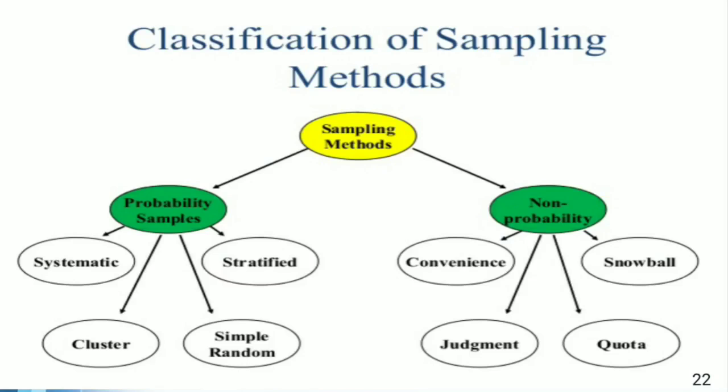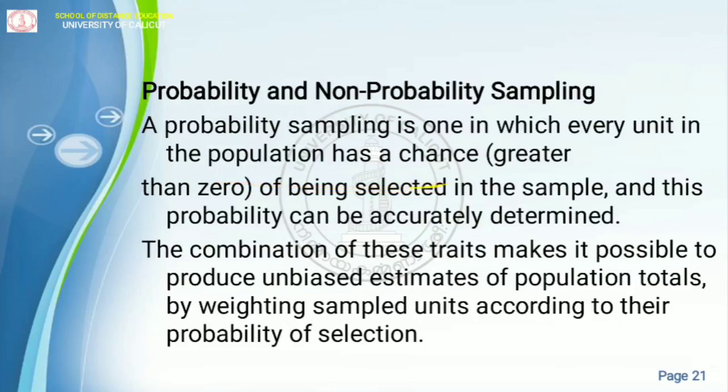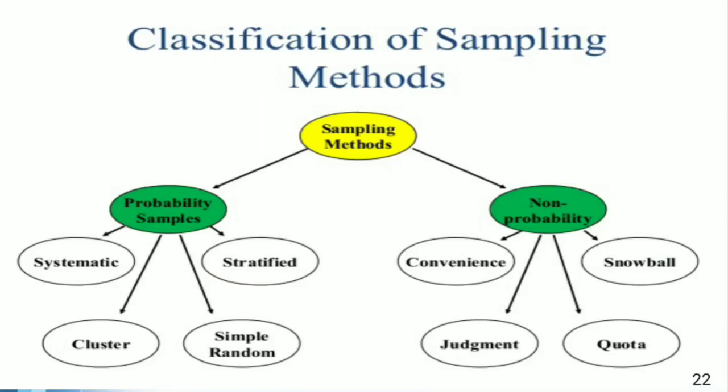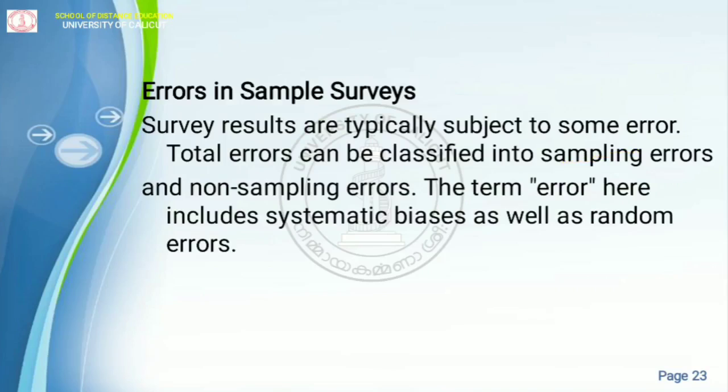So that kind of method is called snowball sampling. So the major difference between non-probability and probability is that non-probability methods do not consider all the elements, but probability sampling methods consider all the elements.